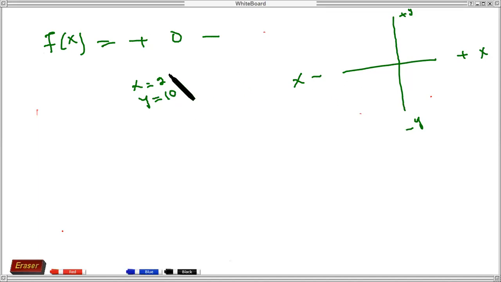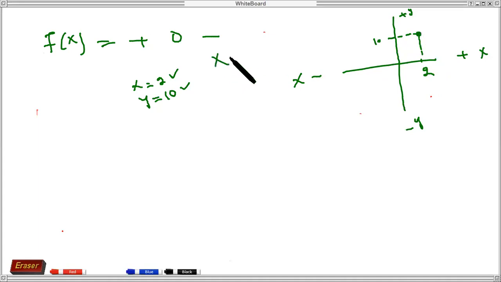So x is domain, y is called range. X is equal to 2, this position, y is 10, let's suppose this position. So both are present here, on the xy plane, the rectangular coordinate system.